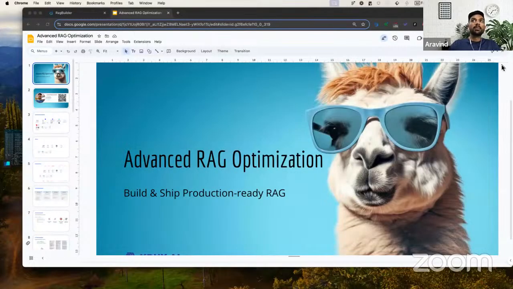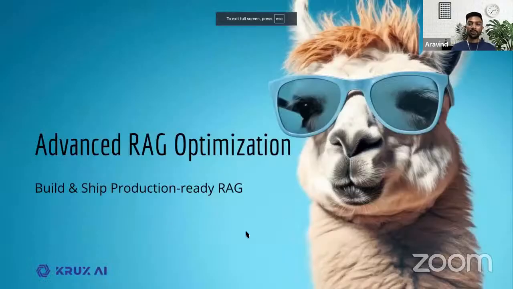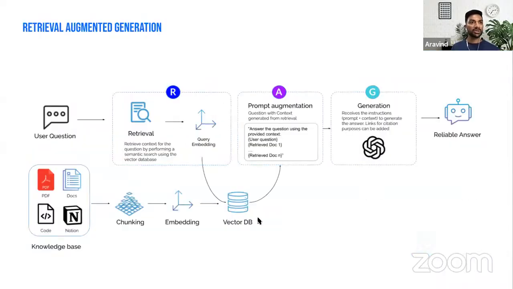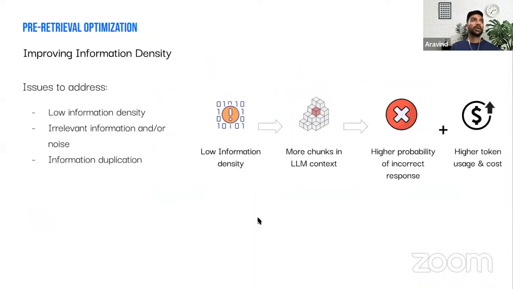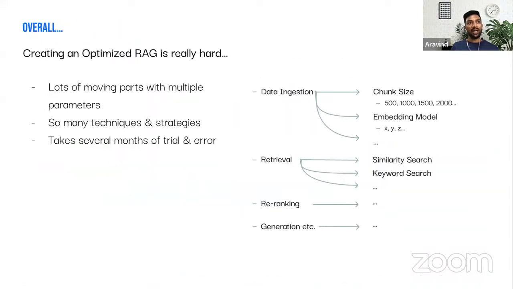Cool. So I had some slides prepared for advanced RAG optimization. We're not going to do that in its entirety today. I'm just going to very quickly go through the problem that we're trying to solve. I think a lot of you would be familiar with RAG, right?